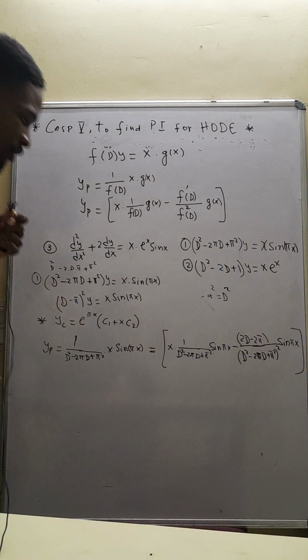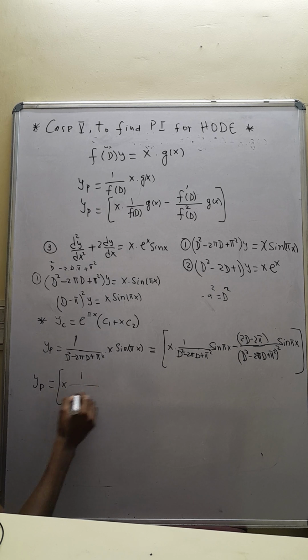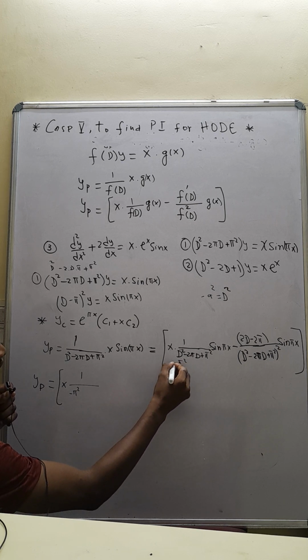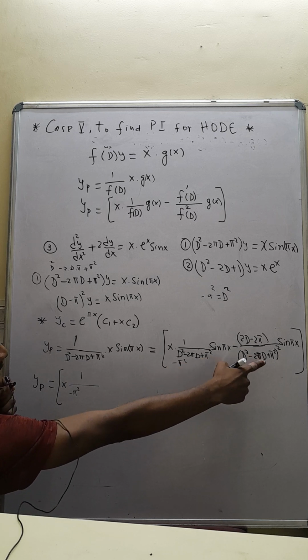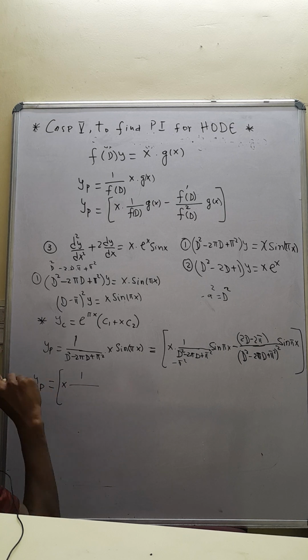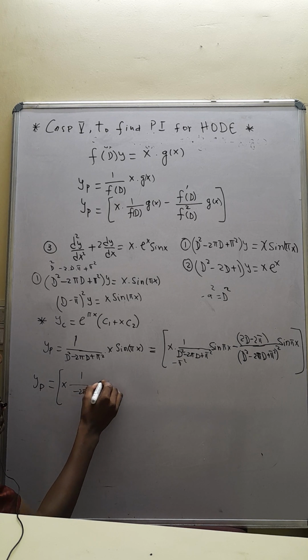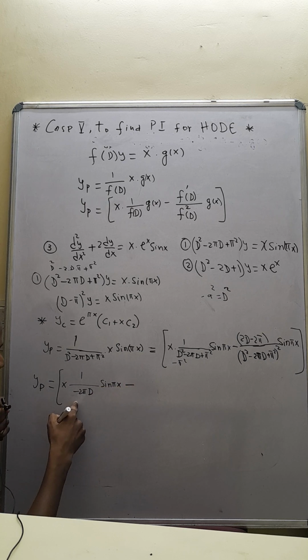So then yp will be equal to x, 1 upon, here it will be minus pi squared. When you put minus pi squared here, minus pi squared plus pi squared is 0. The same here, minus pi squared plus pi squared is 0. So it will be only minus 2 pi D, and here sin of pi x for the first expression.